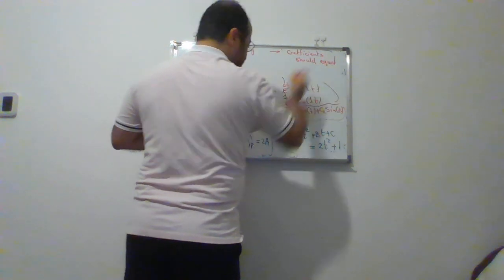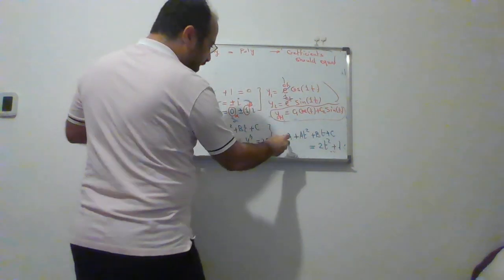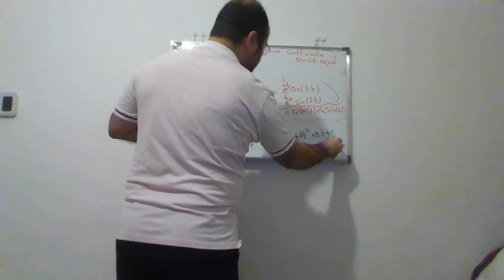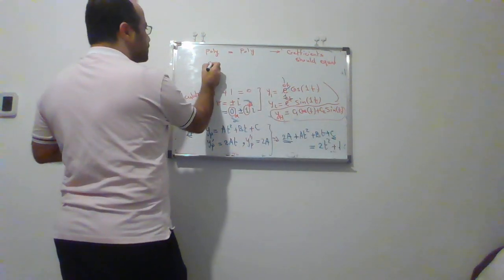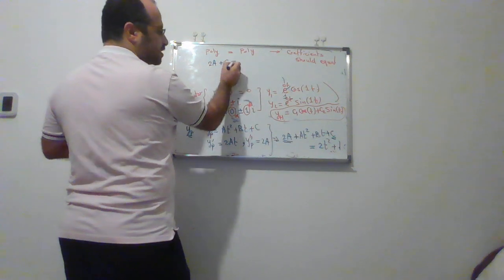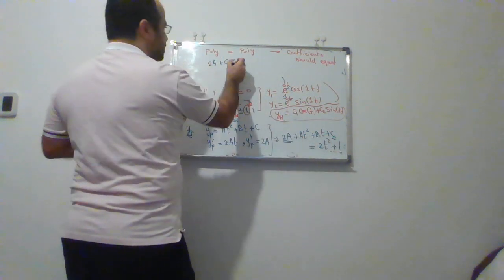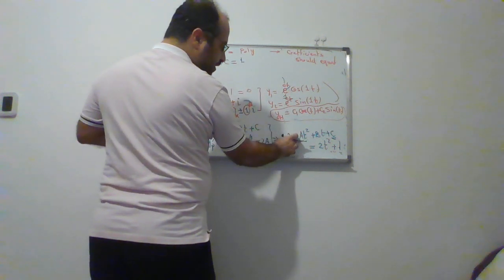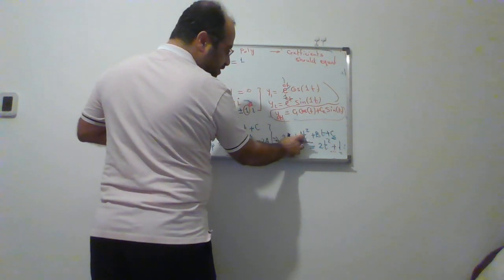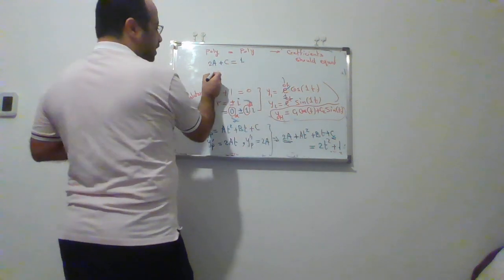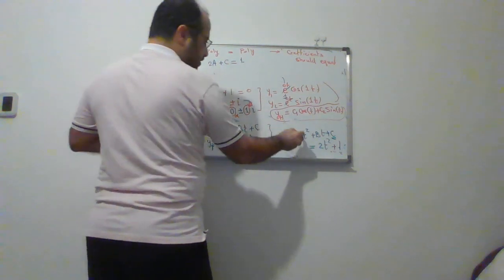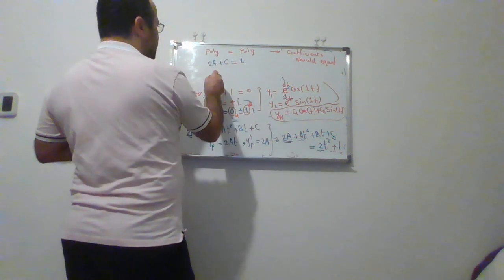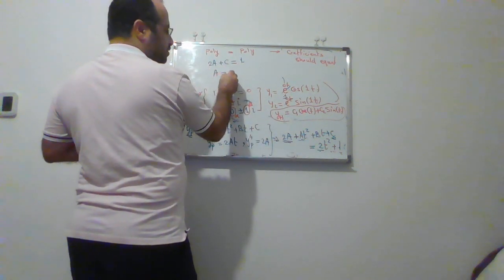This means the constant term is the same, so 2a plus c equals 1. So the first thing is 2a plus c should equal the number 1, constant equal constant. Then the coefficient of t squared: a is also equal to 2.